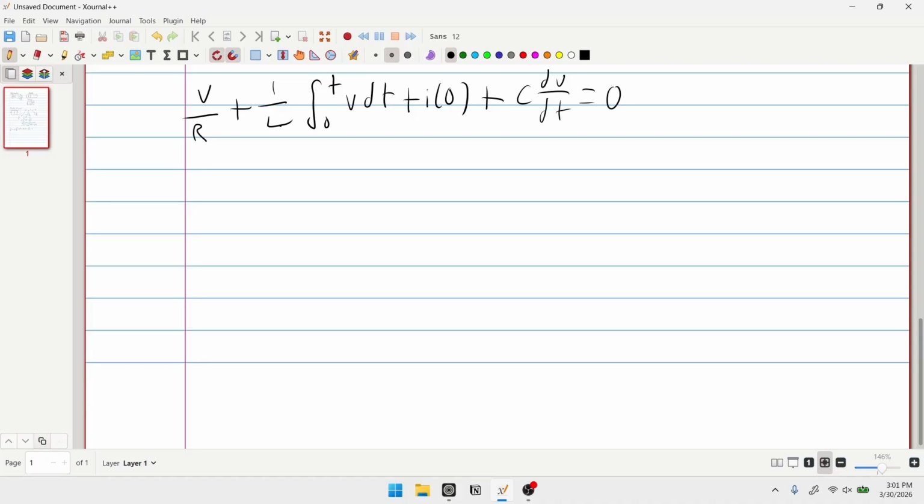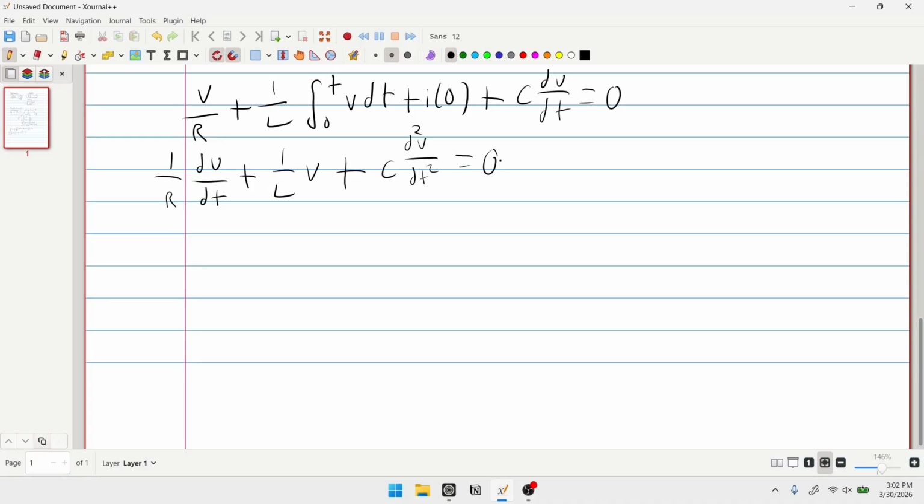So what I'm actually going to do here is take the derivative of both sides, right? So we get 1 over R dV/dt. The derivative of this integral, we can just get rid of that. So we have 1 over L V, and the initial current is a constant, so that just goes away. And then we have C d squared V/dt squared equals 0.